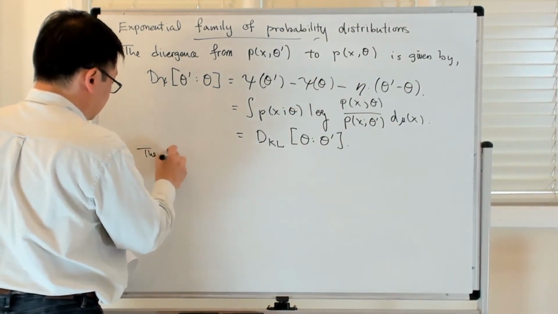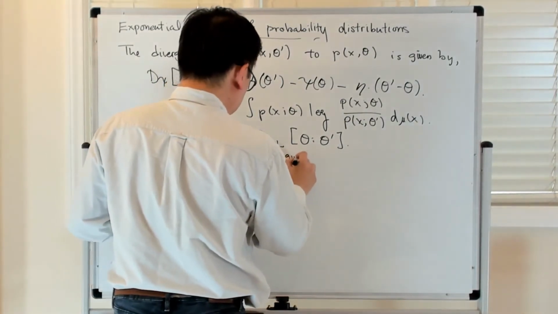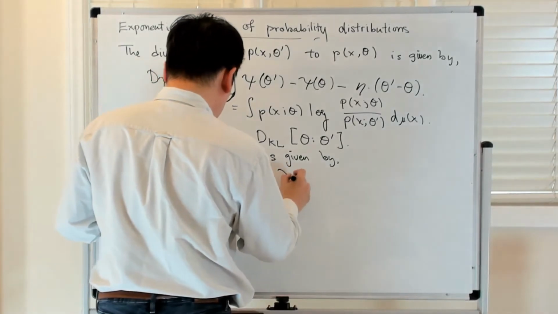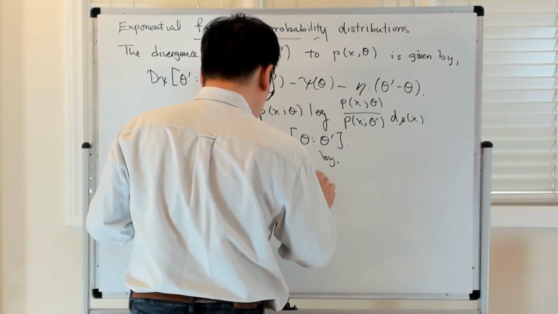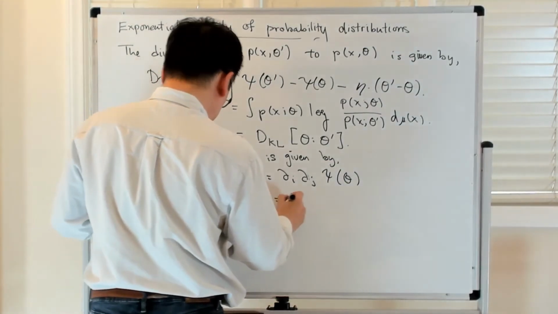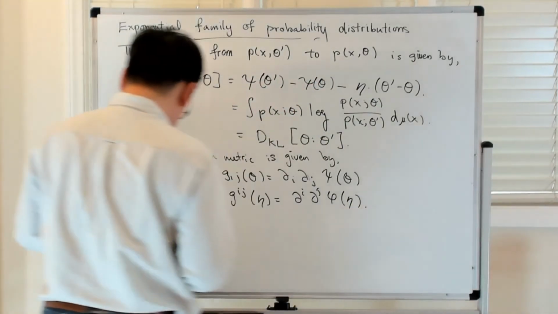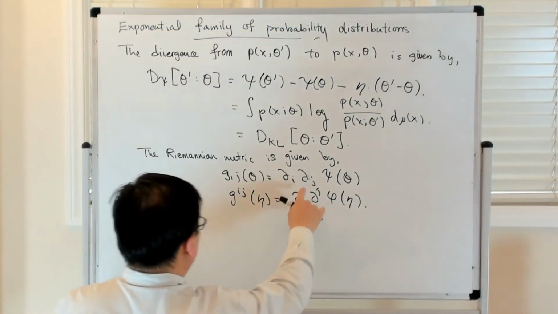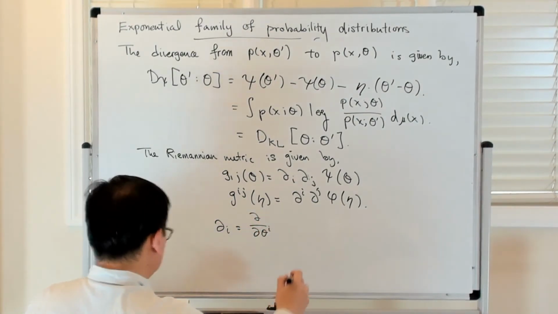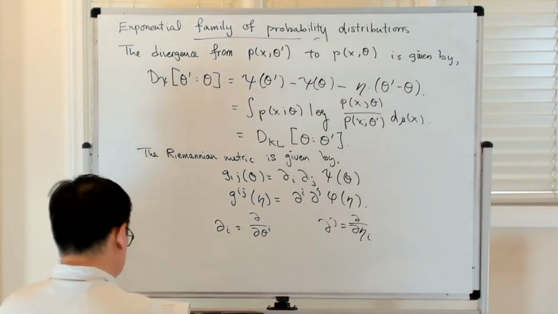The Riemannian metric is given by G_ij(theta) equal to the partial with respect to i, partial with respect to j of phi(theta), and then the inverse G^ij(eta) is equal to the partial with respect to i, partial with respect to j component of psi at eta. Here we're using some notation: d_i is d by d theta^i, and d^j is d by d eta_j.